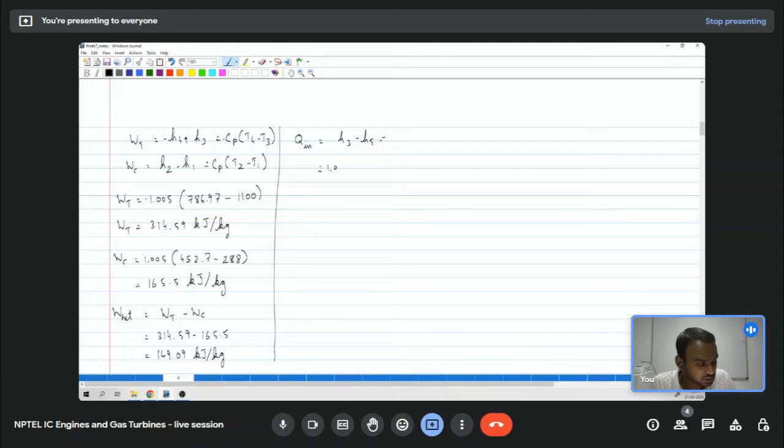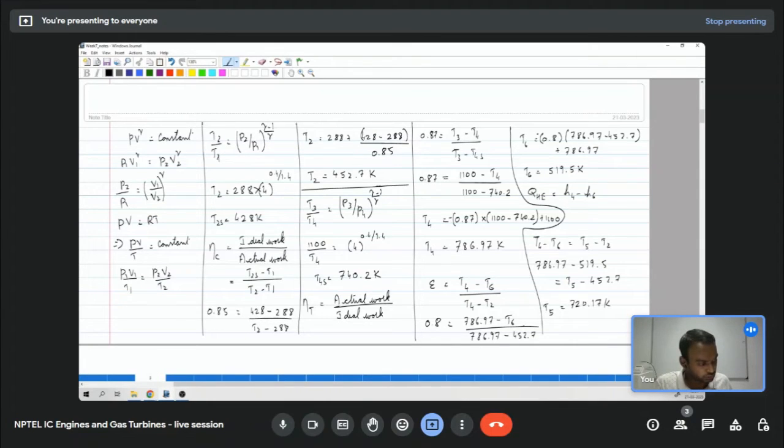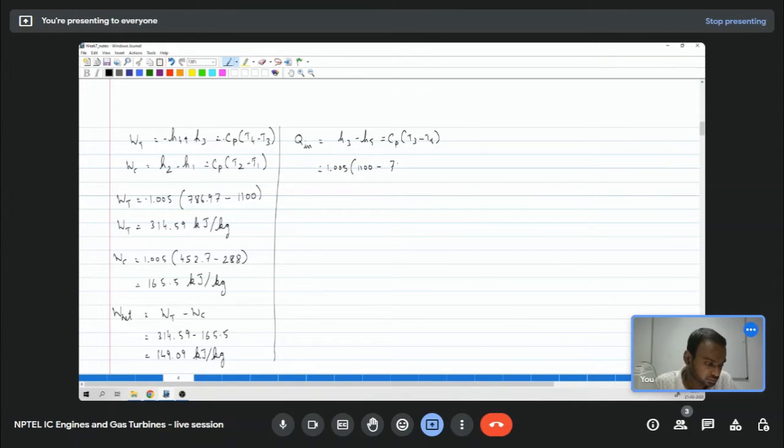Again it is Cp into T3 minus T5, so Cp is 1.005, T3 is 1100, and T5 is 720.17, just calculated. This is 381.73 kilojoule per kg.